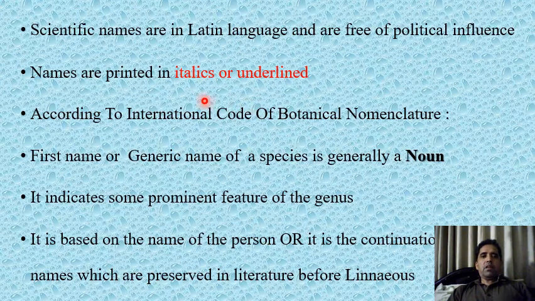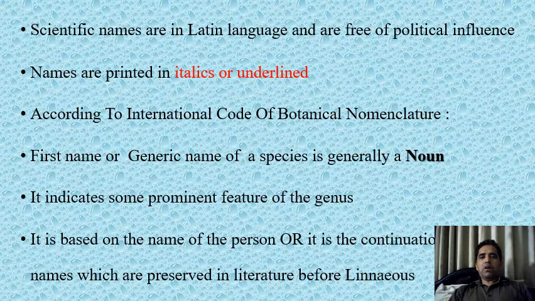The next step in nomenclature is the writing of the names. It occurs in two ways. If you are typing the names on a computer, then these names are italicized, or if you are writing in your notebook or handbook, then they are underlined. The generic name is underlined separately, and the specific name is underlined separately.